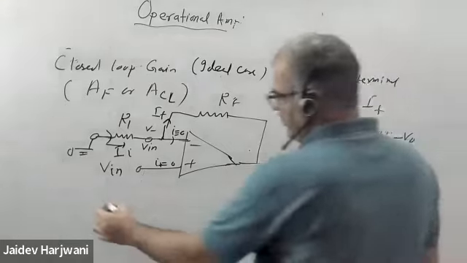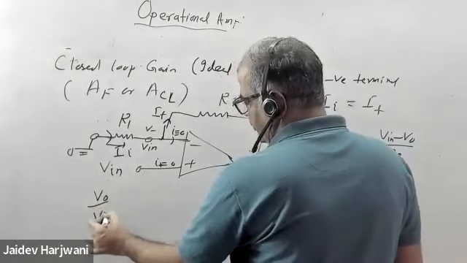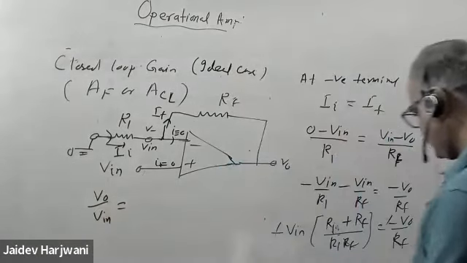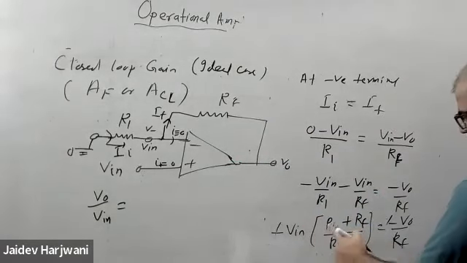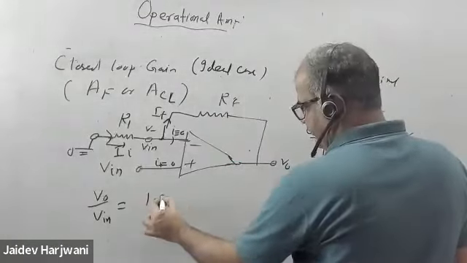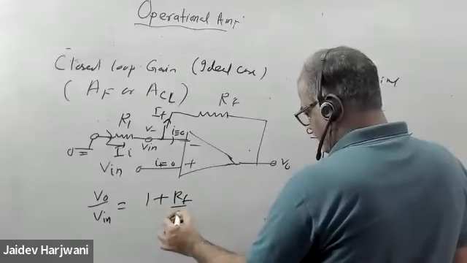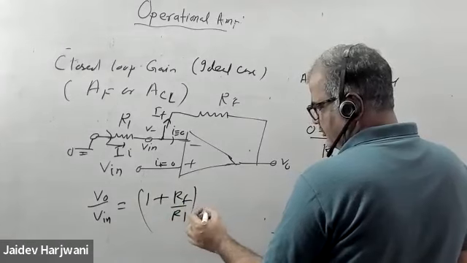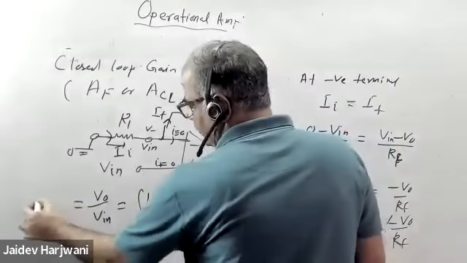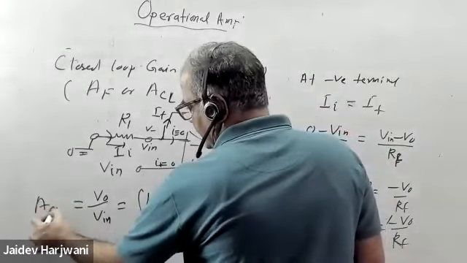Now I want V naught upon V input. So V naught upon V input will be (R1 plus RF) by R1. And this is called your closed loop gain, ACL.